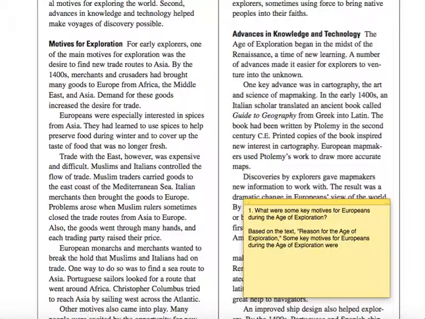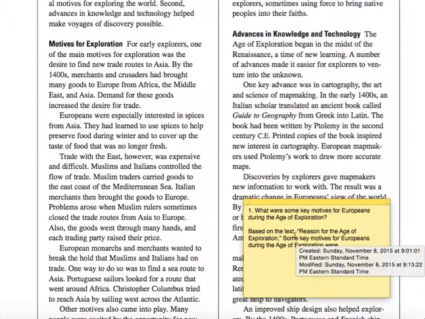So far for my RACE strategy, I've started off with the R. I've restated my question, and I've also cited my text. If you can see, based on the text, and I wrote the title of my text, and then I restated my question.